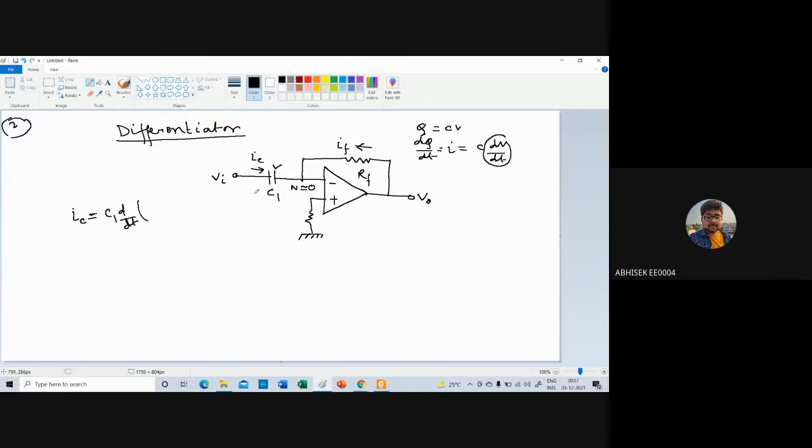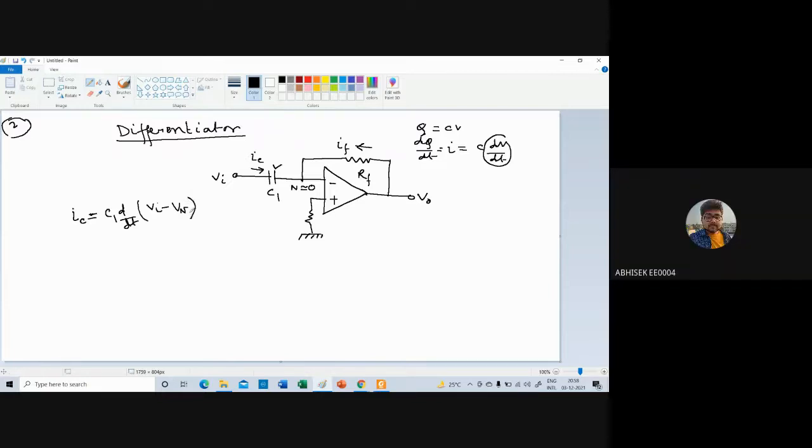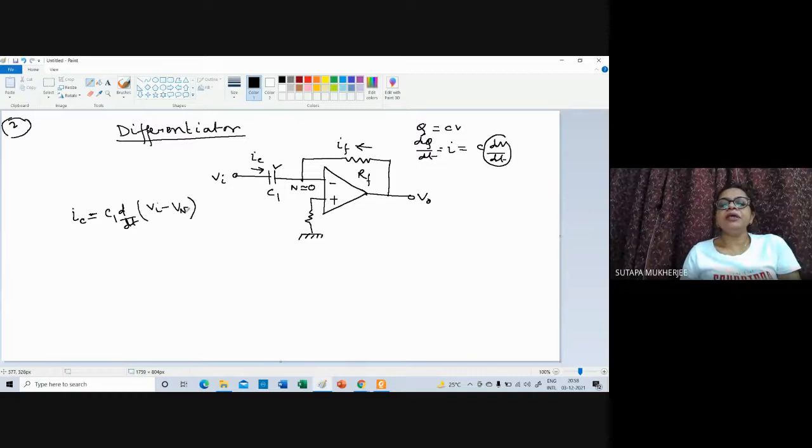Vi minus 0. That is Vn, I can say here, Vn because it is N. And Vn equals virtual ground, that is Vn equals 0. So it will be C1 dVi/dt, right?